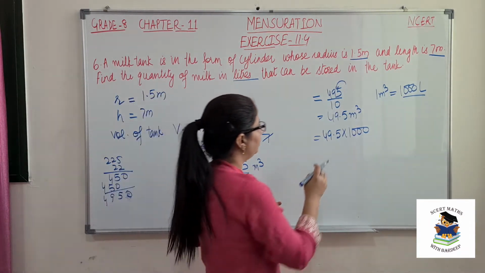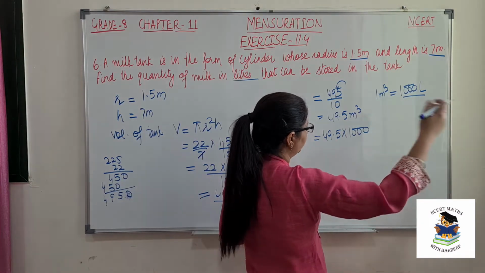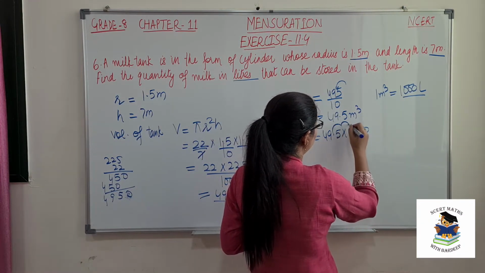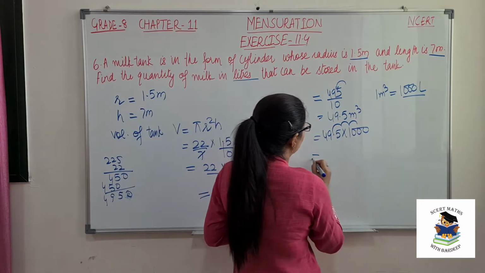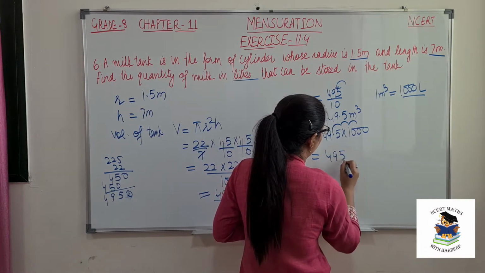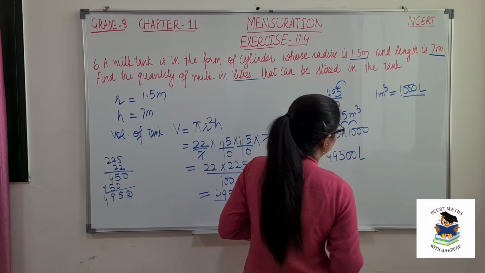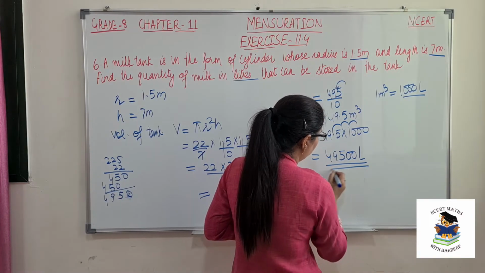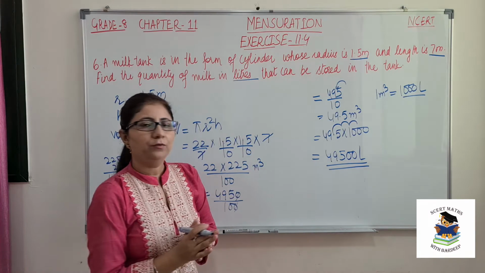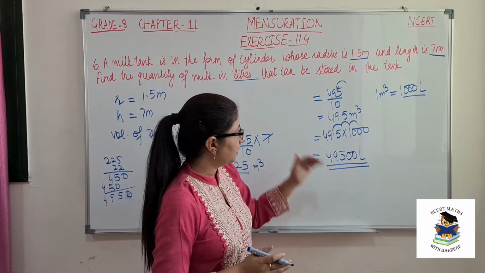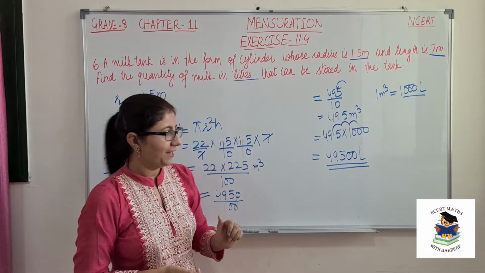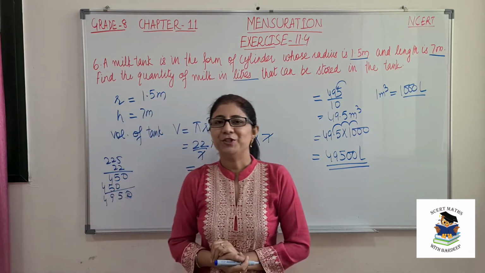So how to do the multiplication? 3 steps towards right. So decimal will shift 3 steps. Okay, so this is 495, 0 and 0 here. So this much liters, 49500 liters is the capacity of this tank. Okay, so this is our question number 6.